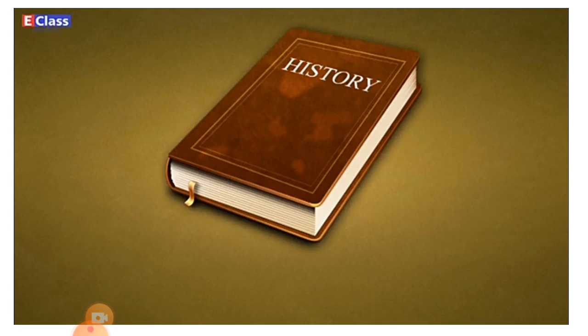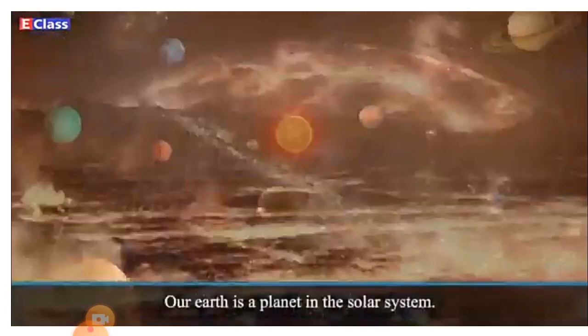Our solar system came into being about 4.5 billion years ago. Our earth is a planet in the solar system, so it is presumed that the earth was also formed 4.5 billion years ago.